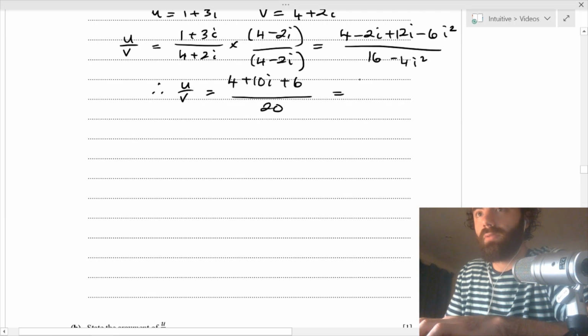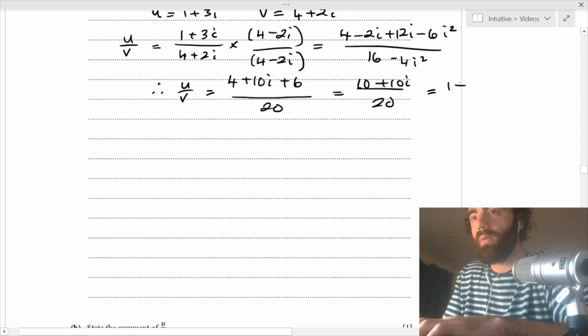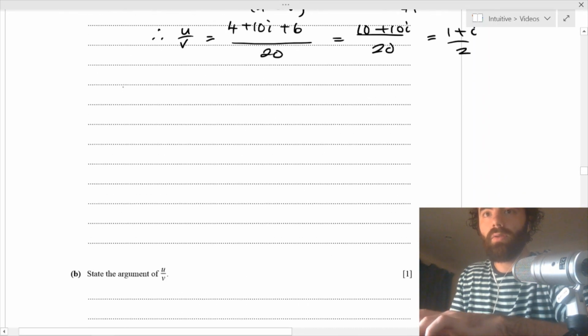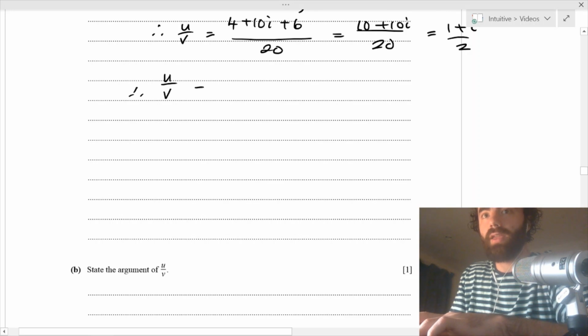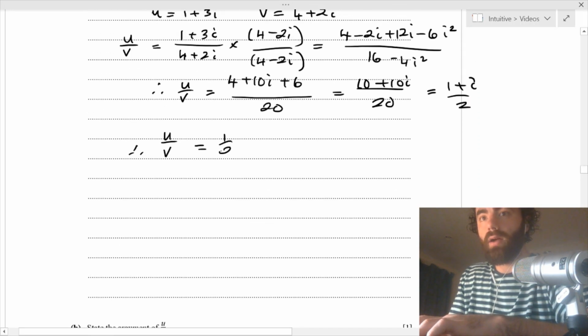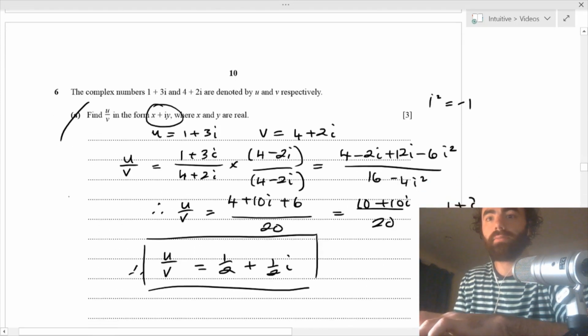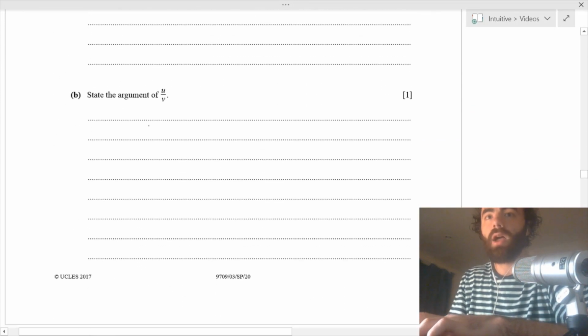So that's equal to what? 10 plus 10i over 20, or simplify that, 1 plus i over 2. So in that form, we can say therefore that u over v equals 1/2 plus 1/2 i. Tick.